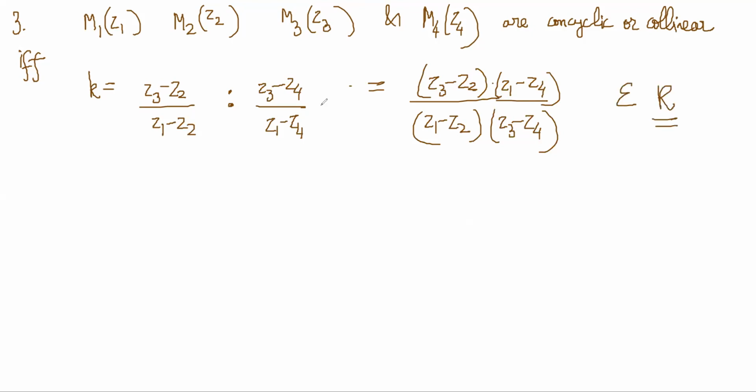If this ratio is a real number, then the points are either concyclic or collinear, right?